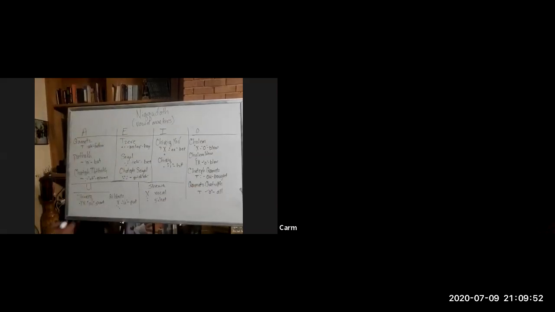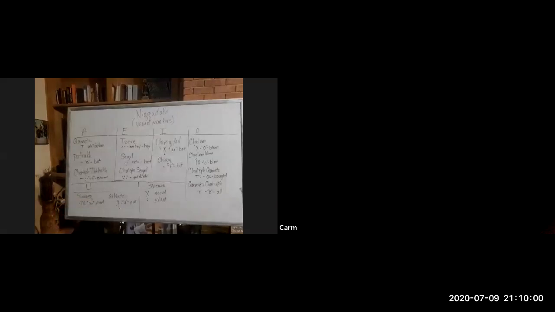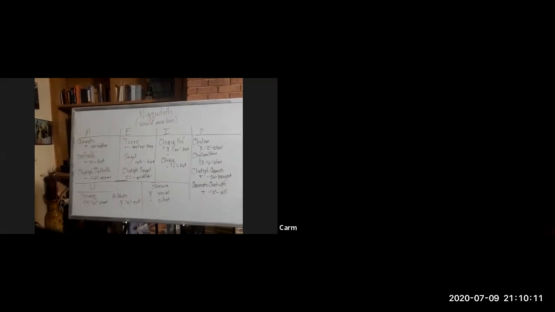So the last vowel, you got your U-class vowels. You have your shuruk, shurek. So I'll be pronouncing that shuruk, but it's really pronounced shurek. I was looking at the spelling of it. So, give you an example.